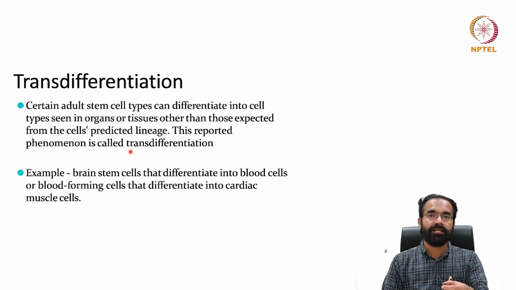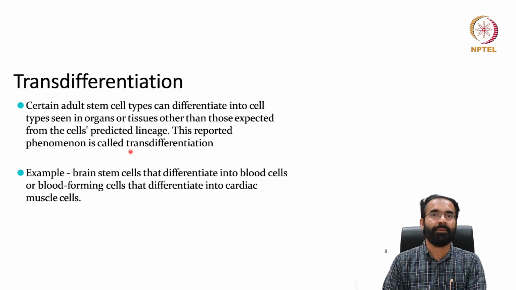Say I want my kidney cells to be formed, and I am not interested in making iPS cells from my skin cell because it's very costly or something. I took bone marrow stem cells, I have bone marrow stem cells available in me. Now I am telling this bone marrow stem cell, instead of making blood cell, can you make a kidney cell? So this is the whole concept of transdifferentiation. Example, brain stem cells can differentiate into blood cells, or blood forming cells can differentiate into cardiac muscle cells.